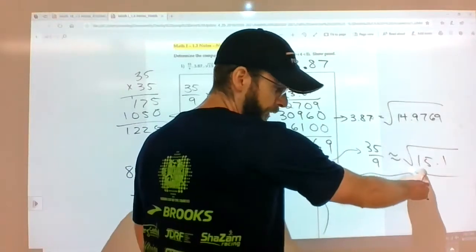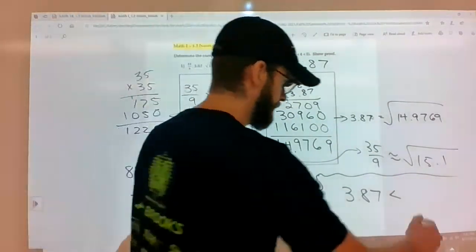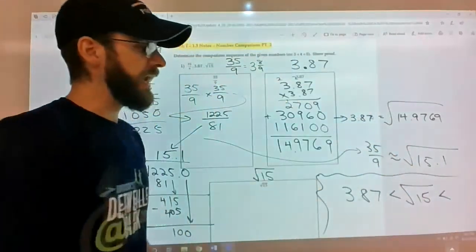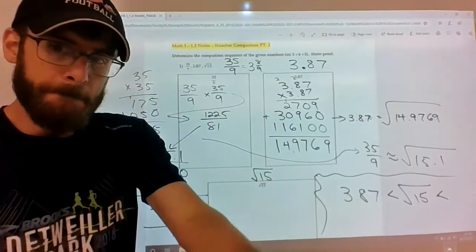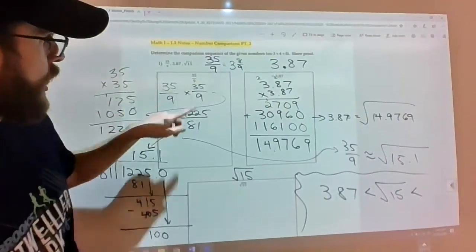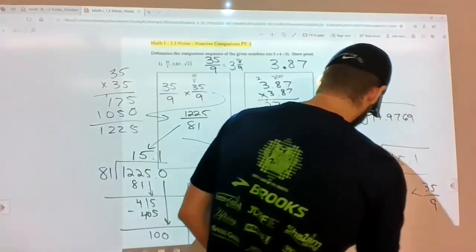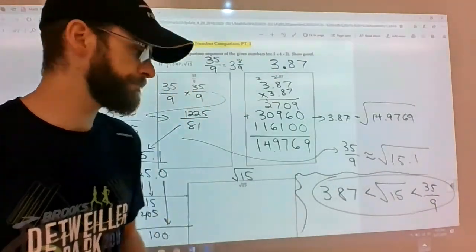Because when you compare root 15 to root 15.1, the 15.1's just got a little bit more. And then the largest one of them all is going to be originally 35 over 9. And there's your final comparison sequence.